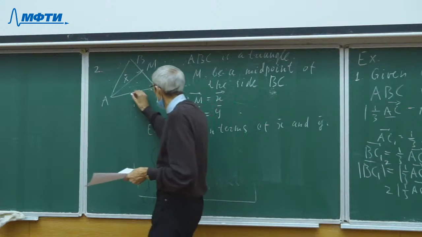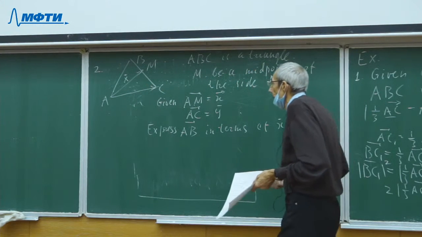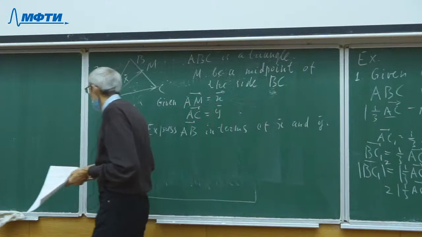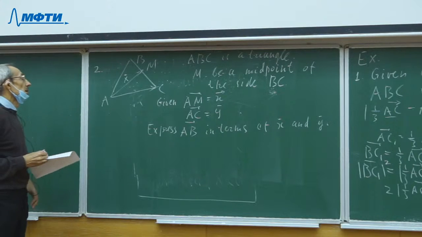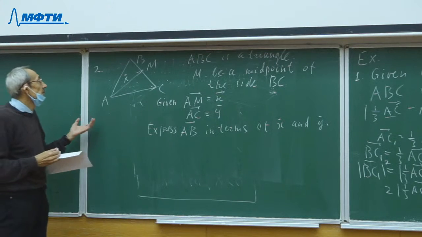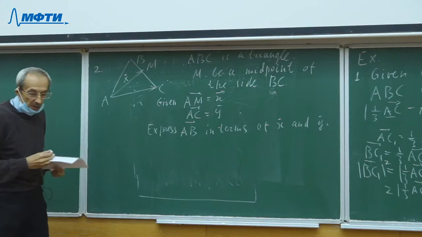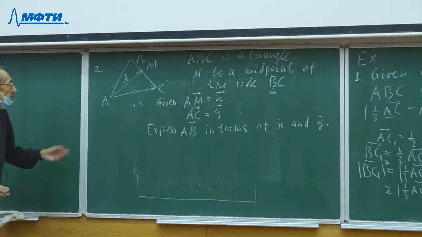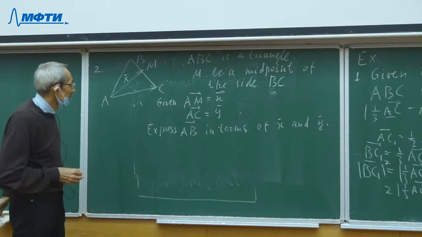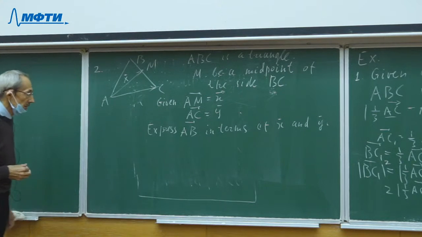And in this case, we must find the exact linear combination, the representation of the arbitrary vector, in our case the representation of vector AB as a linear combination of these two vectors.